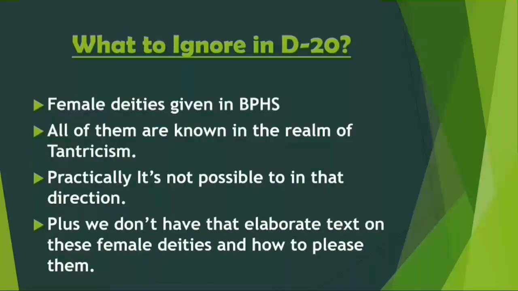So we don't know how to please those deities, and when we don't know about something, we don't go there, right? So let's make the best of what we know and talk about how practically you can come to a conclusion in your D20 chart.